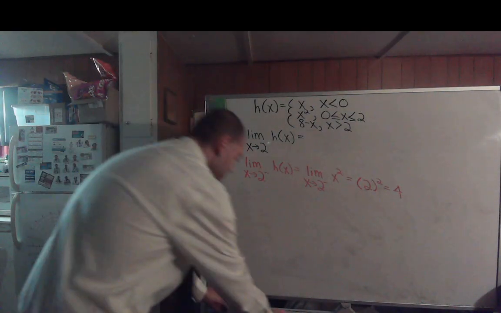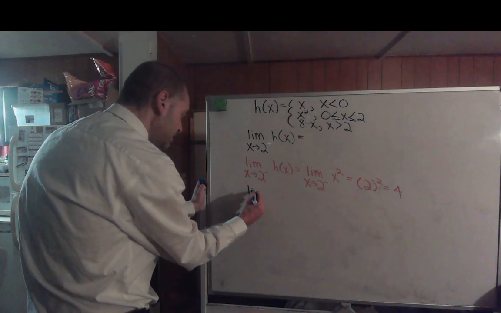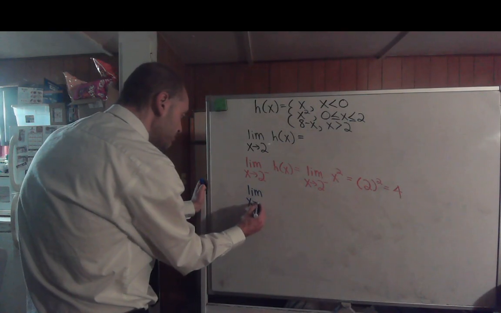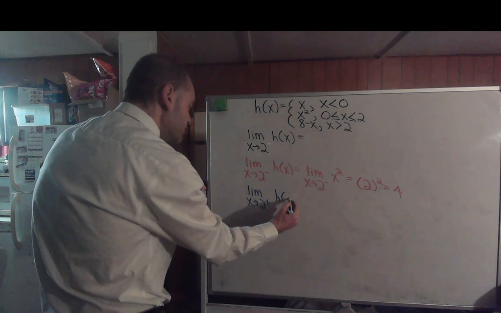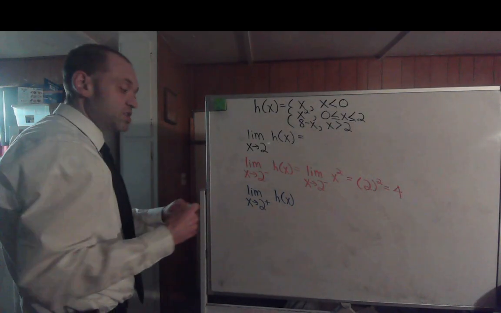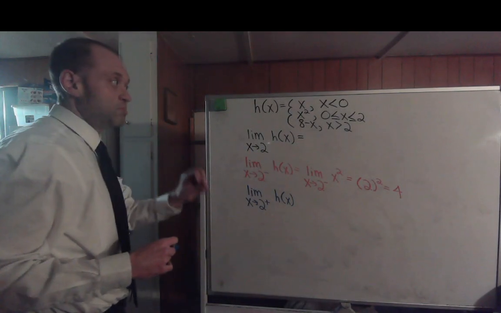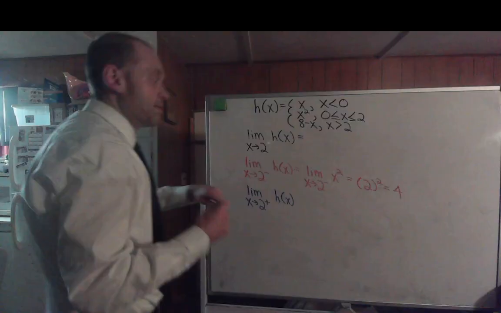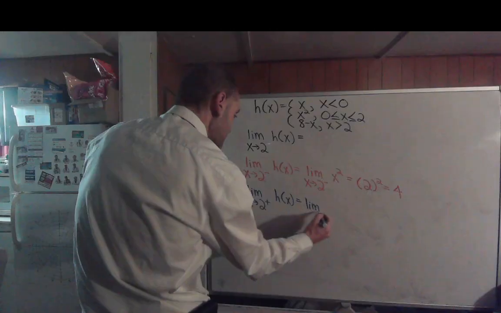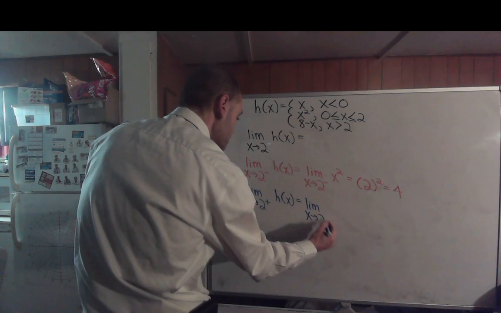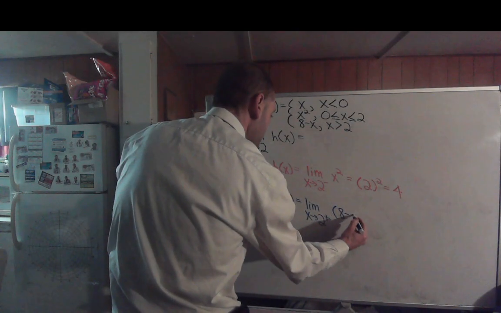Now, the other part of this is we have to do the right-handed limit. So if we take the limit as x approaches 2 from the right of h of x, well, if we're approaching 2 from the right, that means x is greater than 2, so it's going to behave like h of x equals 8 minus x. So this will become the limit as x approaches 2 from the right of the quantity 8 minus x.